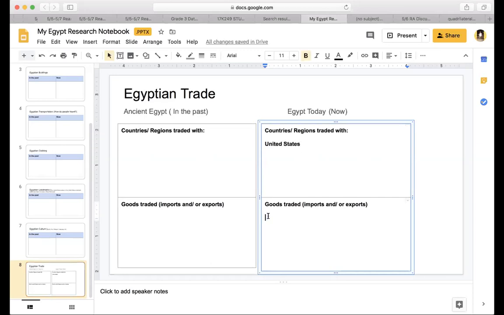And here I can say that Egypt exports oil seeds, paper, and let's say vegetables to the United States.